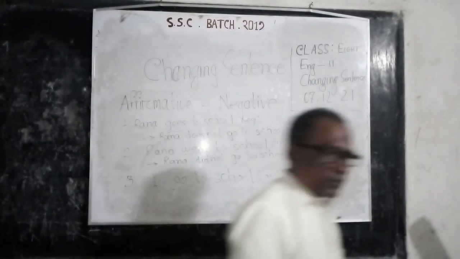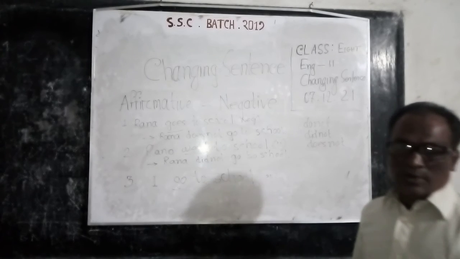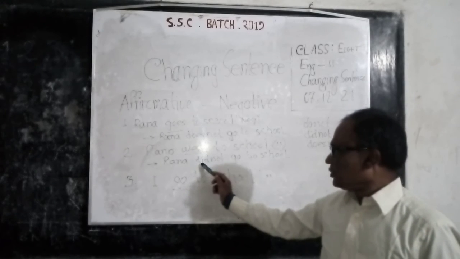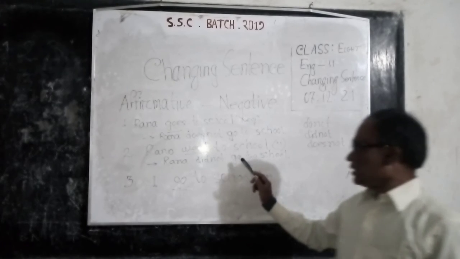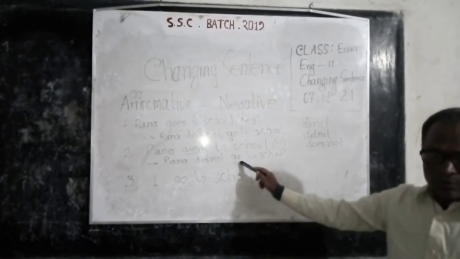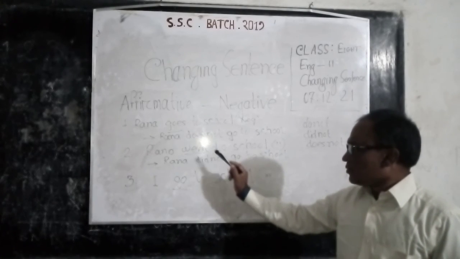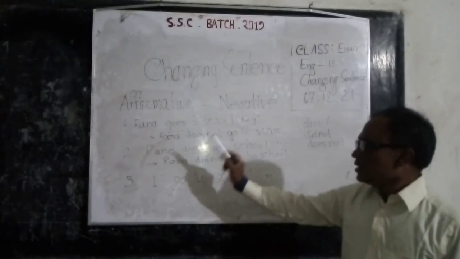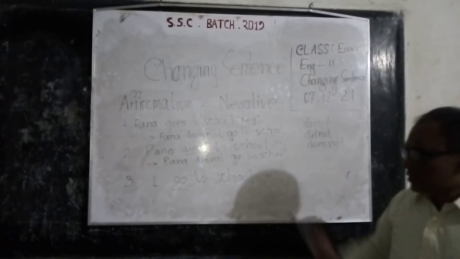We never use two past forms of verb in a sentence. For this reason, we use the past form did, and we made went into the present form go. Did is the past form of do.